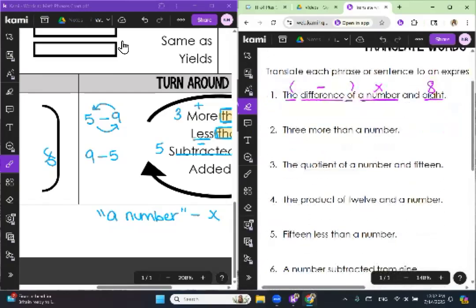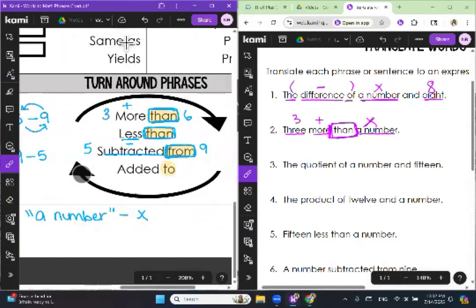3 more than a number. 3 more means plus, a number is x. Now, anybody rushing through this would automatically write 3 plus x. What are we not noticing? Our turnaround phrase. Than is a turnaround phrase. What does than tell us to do? We have to flip our terms.